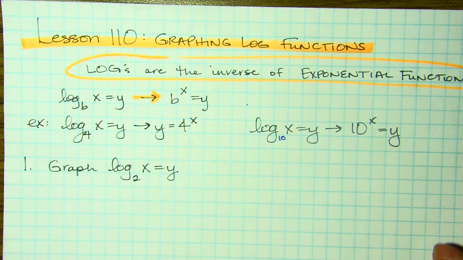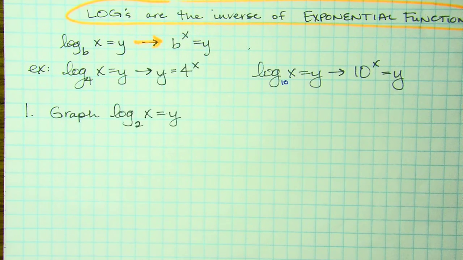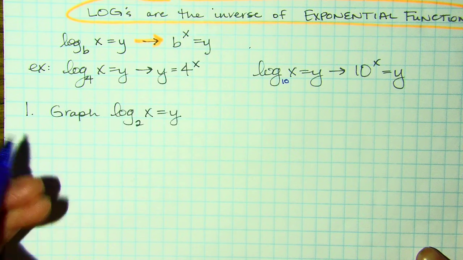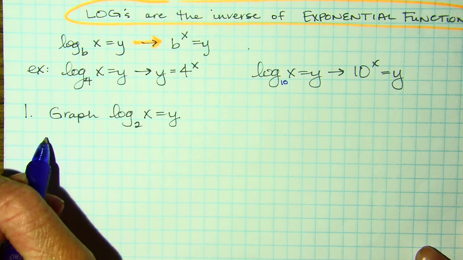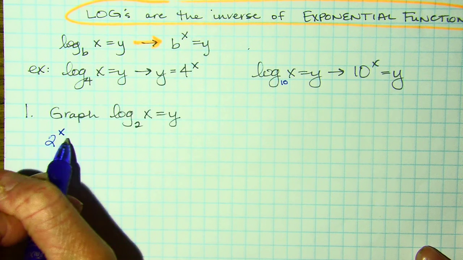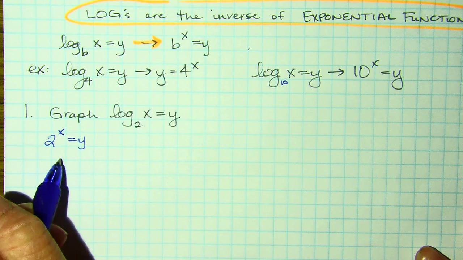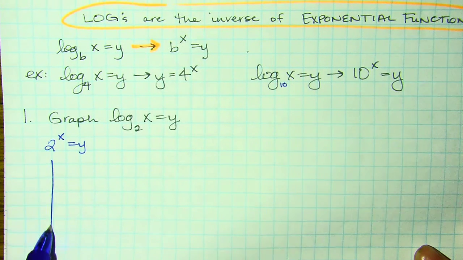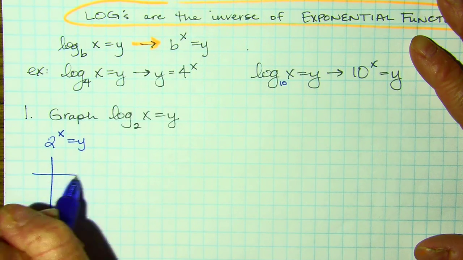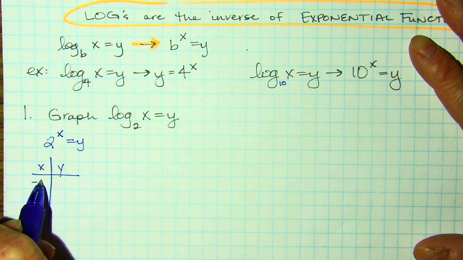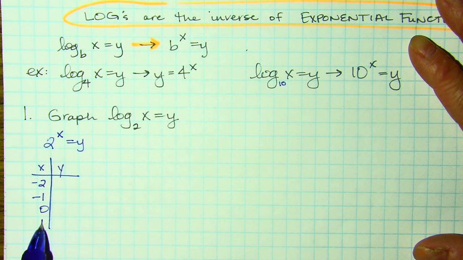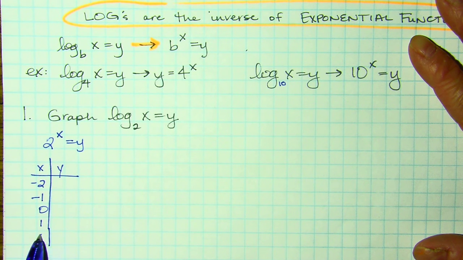So we're going to do an example. We're going to graph log base 2 of x equals y. Now, in order to do that, I'm going to build the table of what I know. So for example, -2, -1, 0, 1, 2, I could even go on to 3 if I wanted.